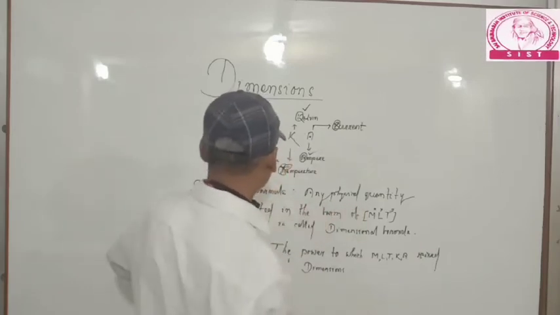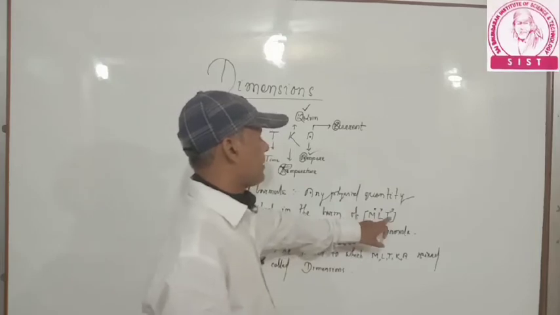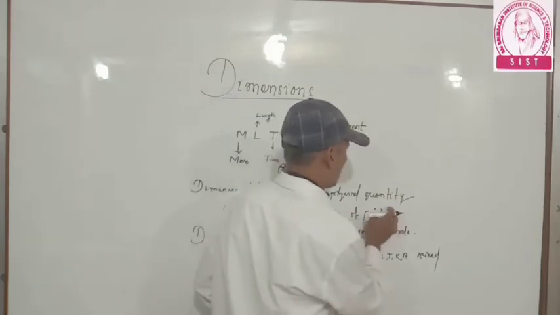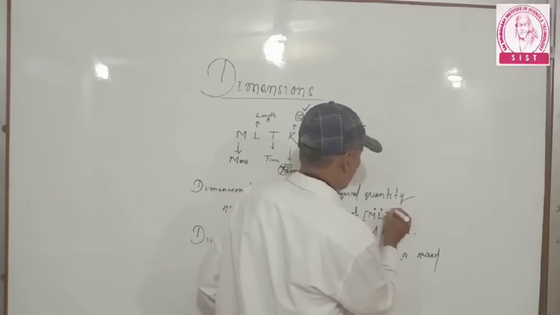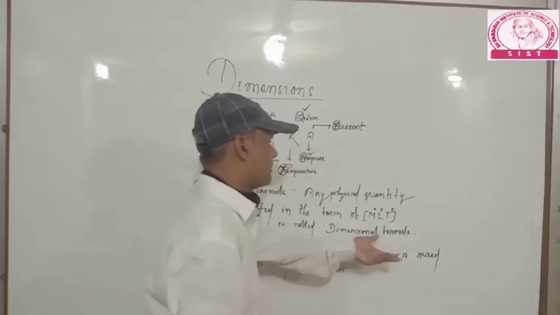Any physical quantity represented in the form of M to the power X, L to the power Y, T to the power Z is called dimensional formula.